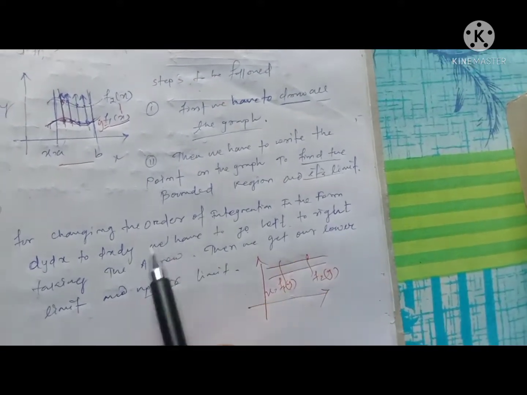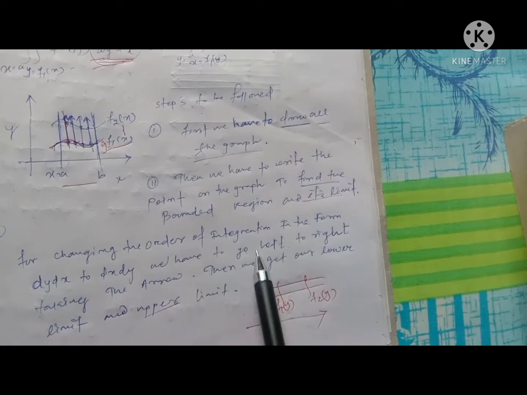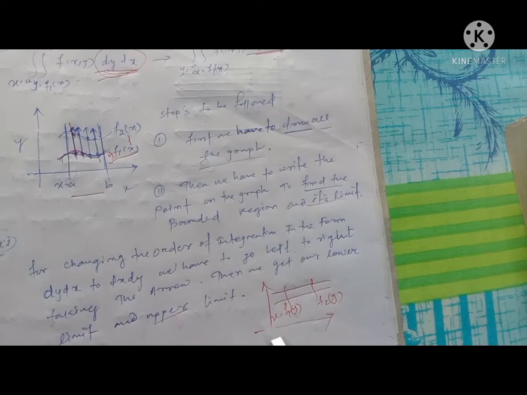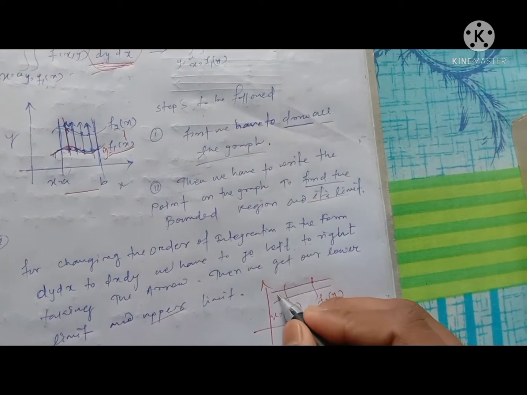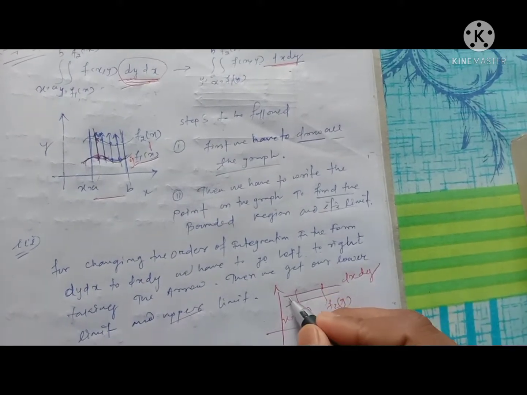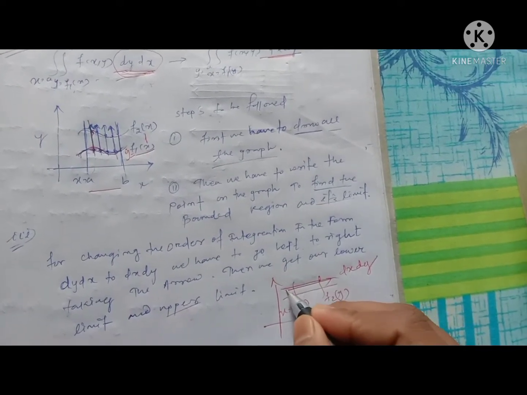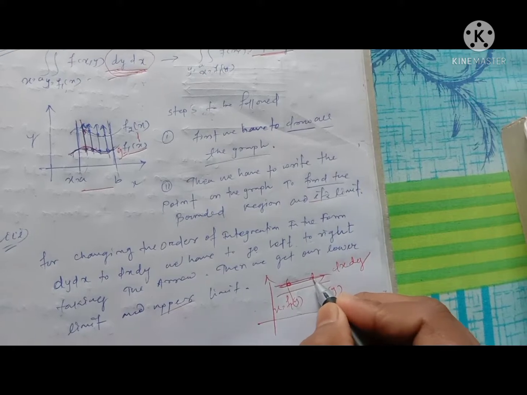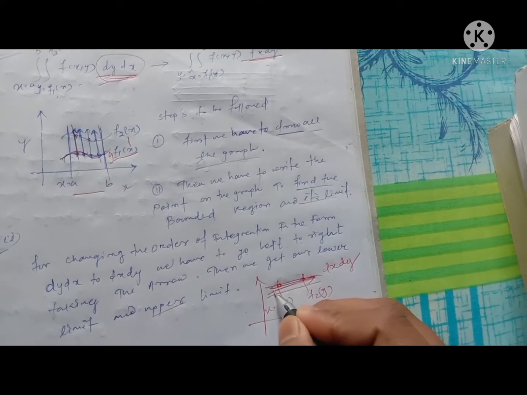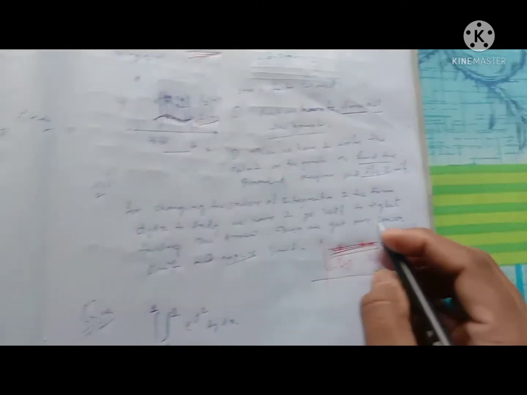We move from left to right taking arrows. This is our lower limit and this is our upper limit.